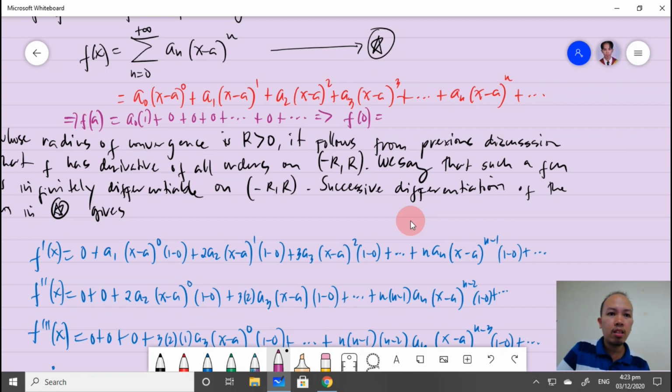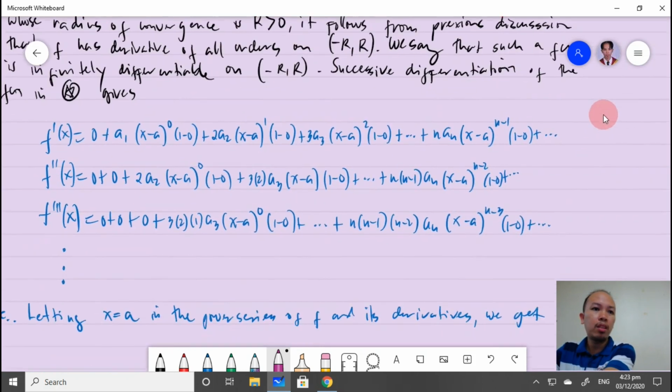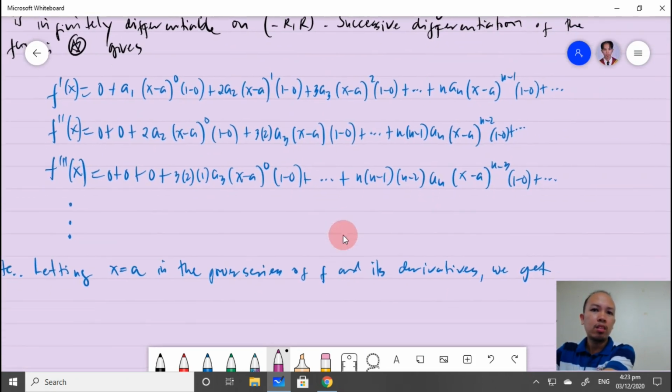So f of a is equal to a sub 0, because a minus a is 0, and 0 to the 1 is 0. So all throughout except the first term, what remains is this form. So what will happen here is that a sub 0 is equal to f of a.